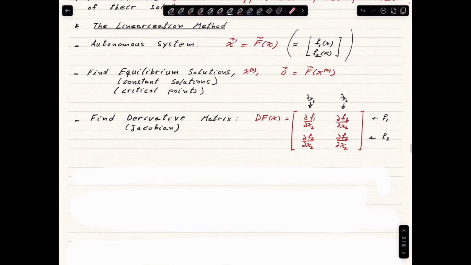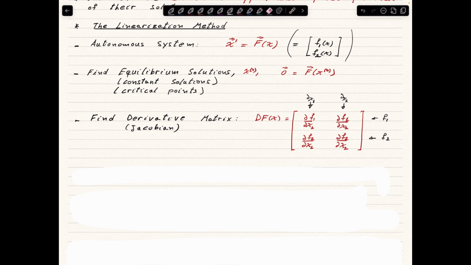First, we need to compute this matrix that contains all the derivatives of the vector field, and there are two functions and two variables, so there are 4 derivatives, and here they are. In the first row, we have the derivatives of the function f1. On the second row, we have the derivatives of the function f2. In the first column, we have the derivative with respect to x1, and in the second column, the derivative with respect to x2.